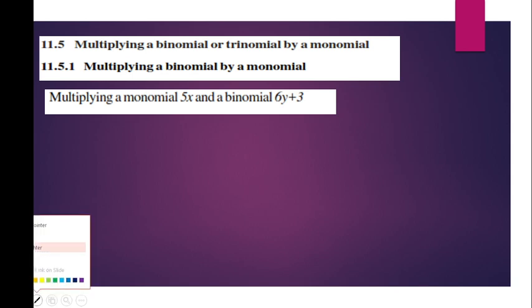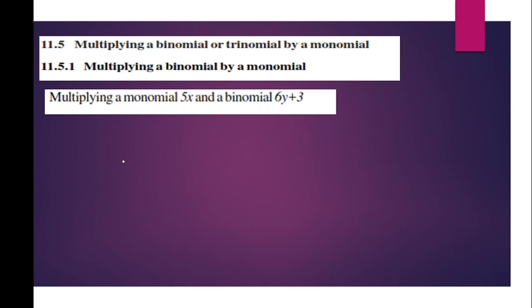Here, 5x is a monomial. We are multiplying 5x with 6y plus 3. So what is 6y plus 3? How many terms are there? We have 2 terms. So this is called a binomial.